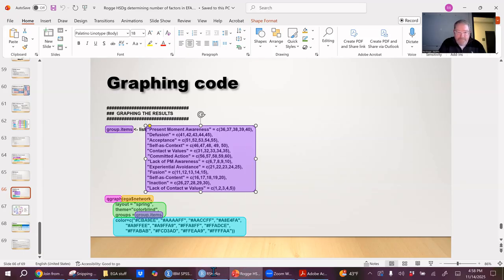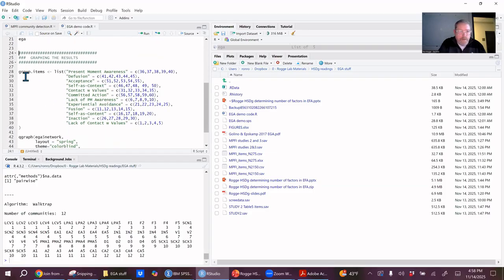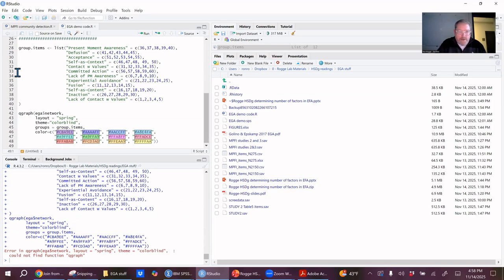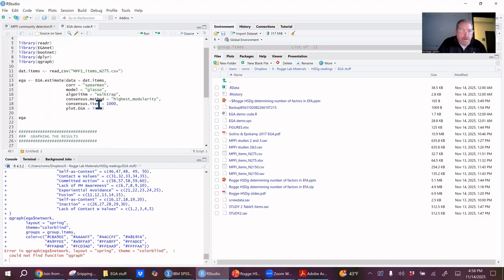So if I run that, I'll run this first. And then I'll run the graph. Oh. It would be helpful if I put qgraph in.